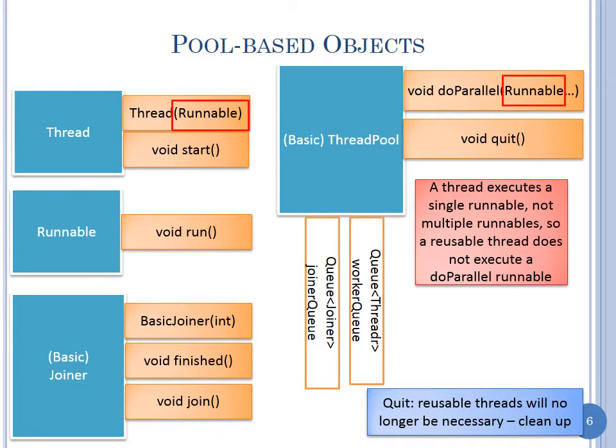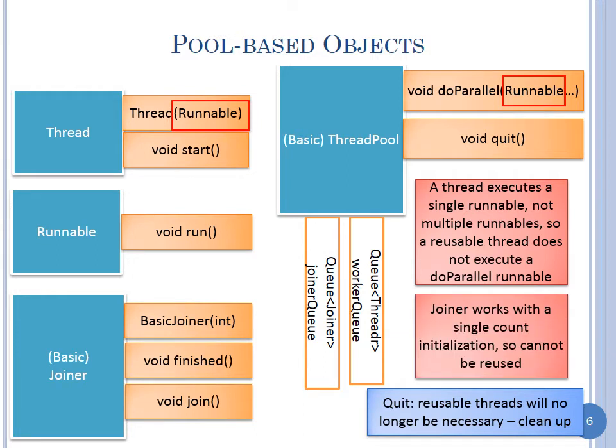So a thread executes a single runnable, not multiple runnables. A reusable thread does not execute a do parallel runnable directly. That's a subtlety. And the joiner works with a single count initialization, so it cannot be reused.